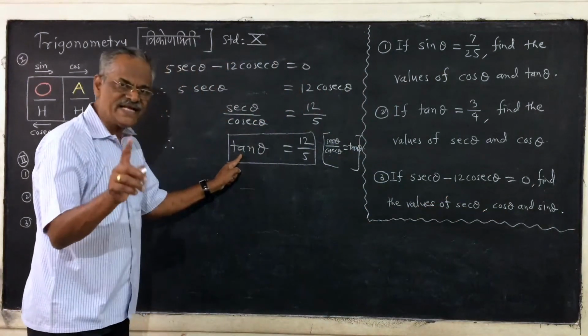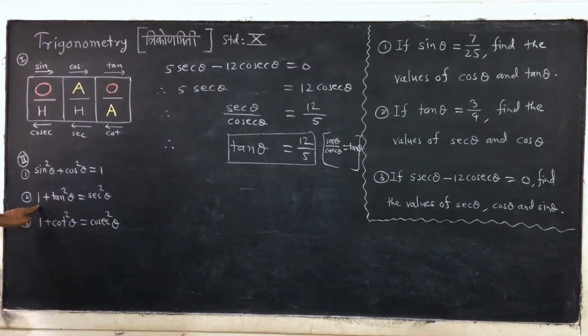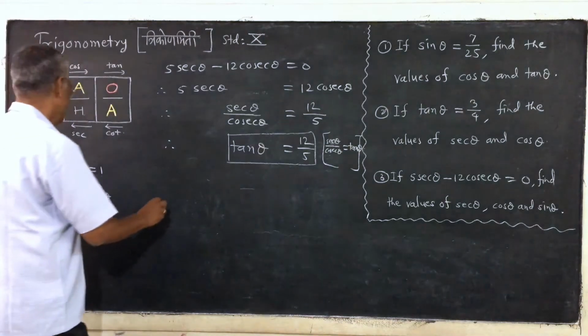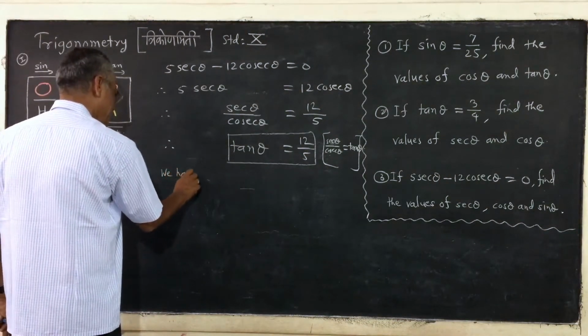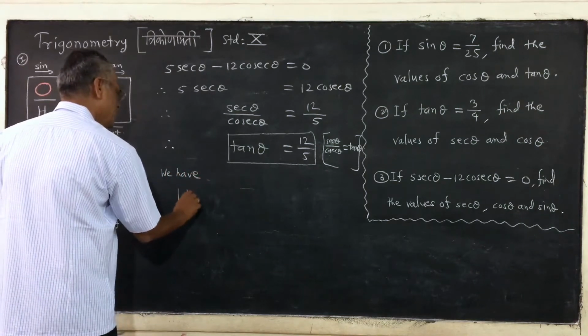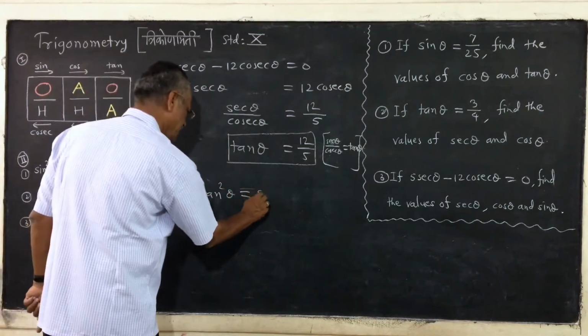We know that tan theta is there. So to calculate sec theta, we can use this relation: 1 plus tan square theta is equal to sec square theta. So we have the identity.